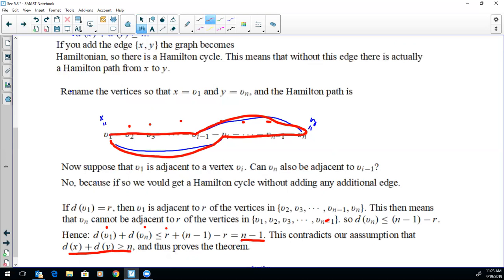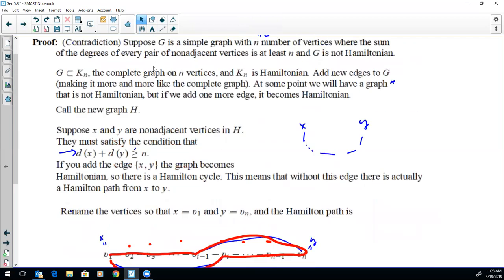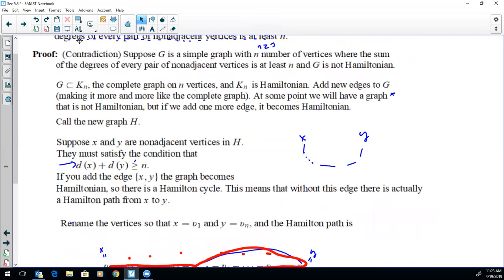This is a contradiction. And that then proves our theorem. Okay, so this is a proof by contradiction, so it doesn't really give us any good way to come up with a Hamilton cycle. It just says if under certain situations, we have one.